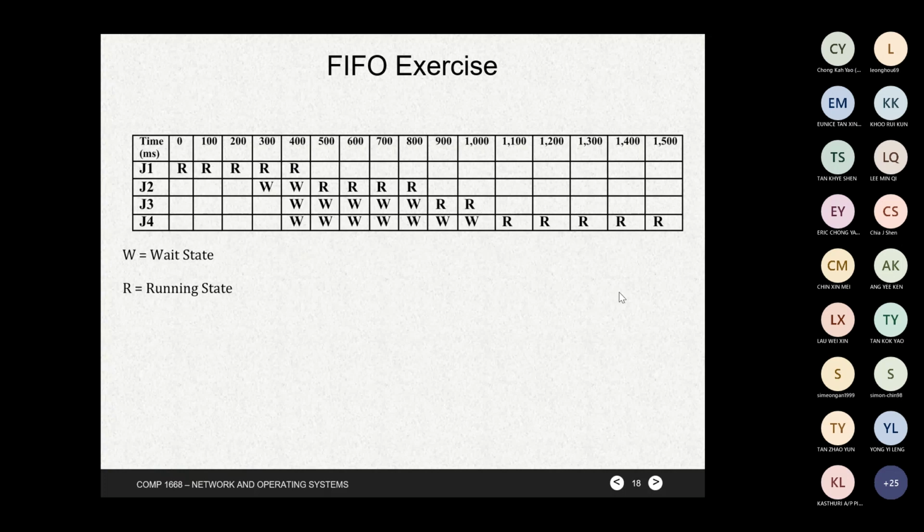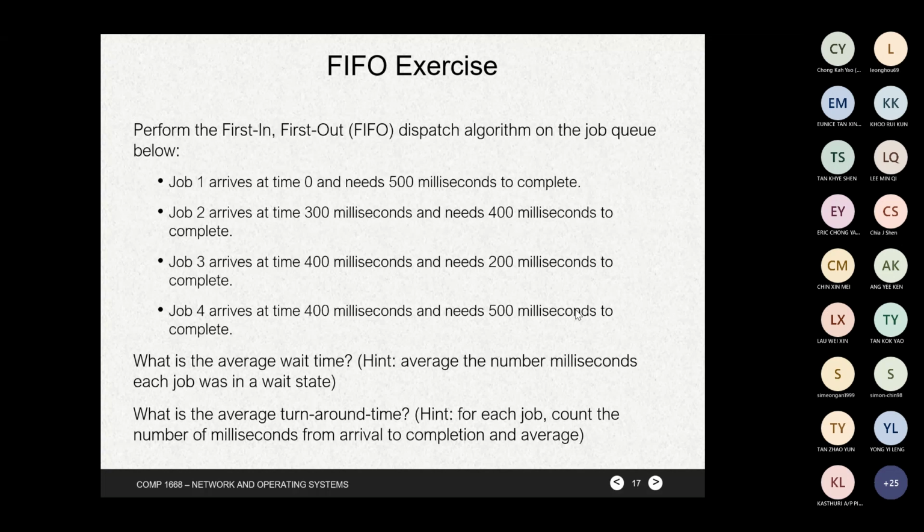I will cover a number of exercises with you during the revision classes. So this is just an example of how the first in, first out mechanism works. Don't worry much about this for now. When we do revision, we will go through this exactly, in order to calculate the average time, turnaround time, and so on.